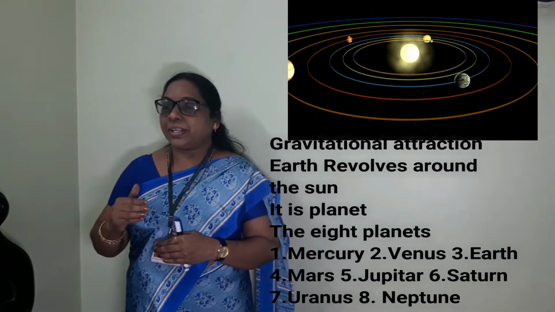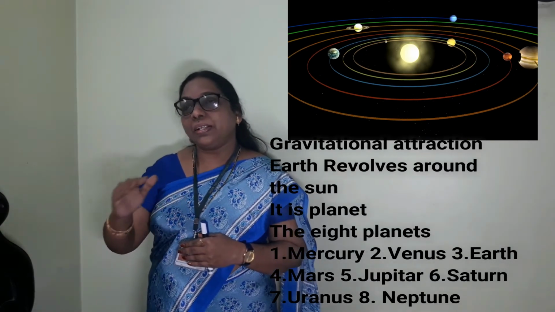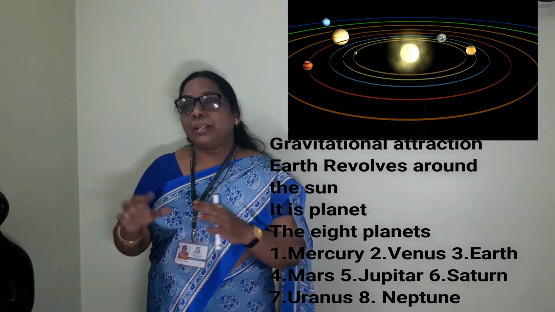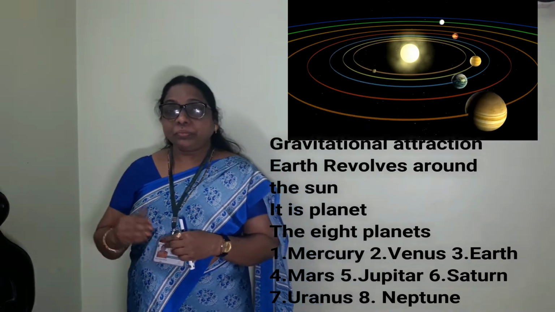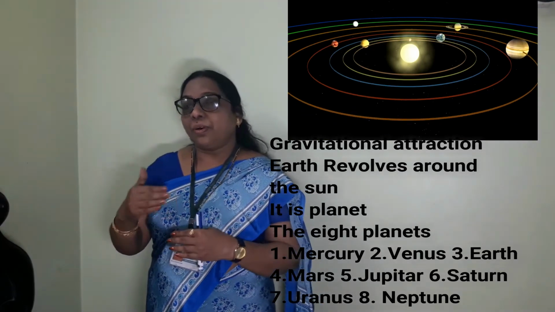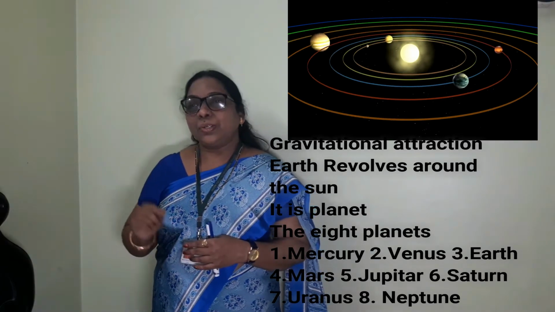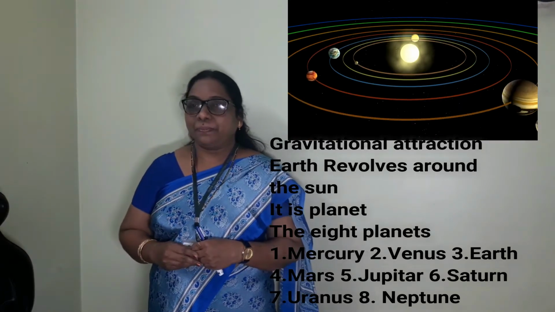Okay, so it's clear to you that the gravitational attraction between the sun and the objects keeps the planets revolving. We know that the earth revolves around the sun. So the earth is also a member of the solar system and it's a planet.